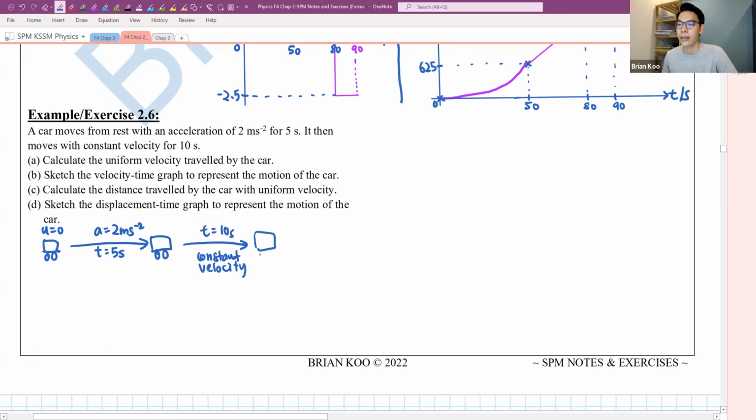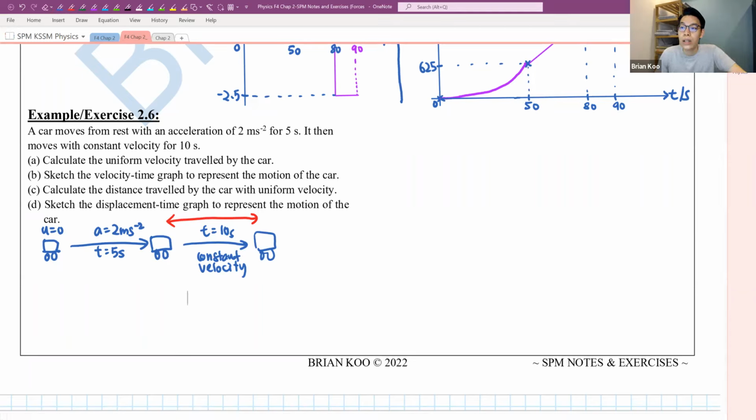Okay, so it looks something like that. So at first it speeds up, and then after that it reaches a certain velocity, and then it continues that velocity. So the velocity throughout here, from here to here, in the last 10 seconds, is all the same. Okay, the velocity is constant.